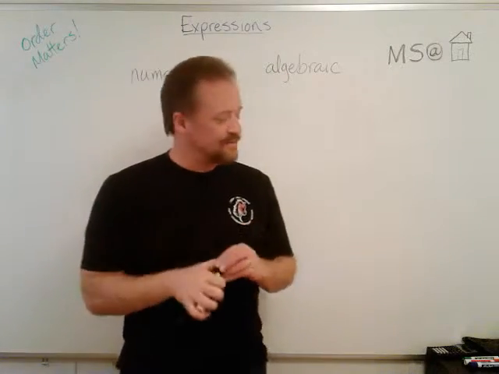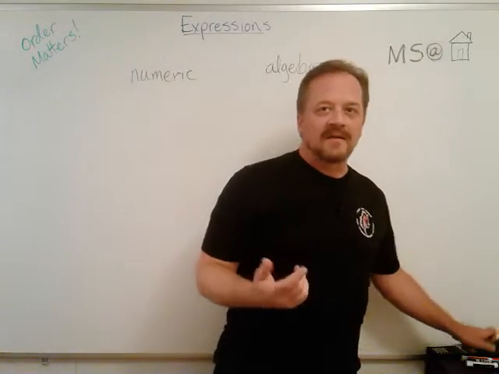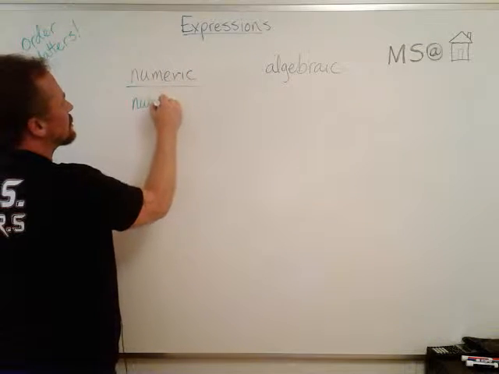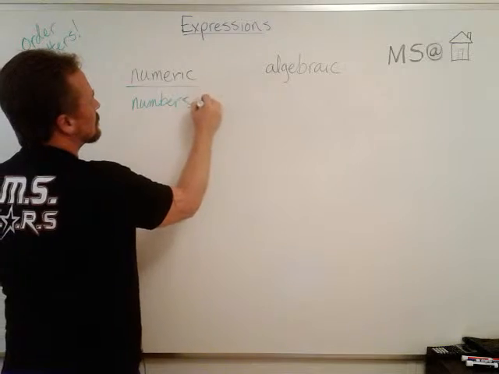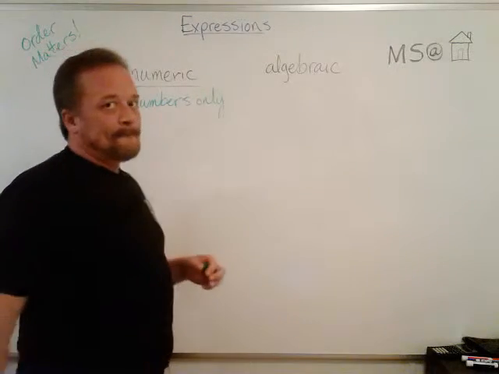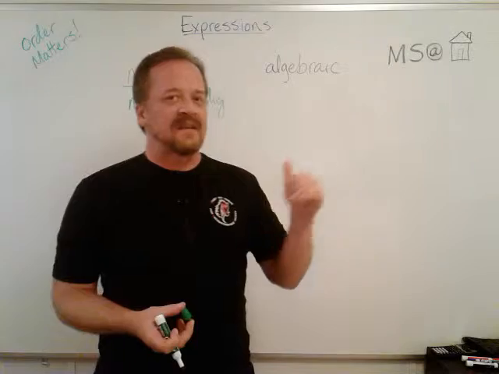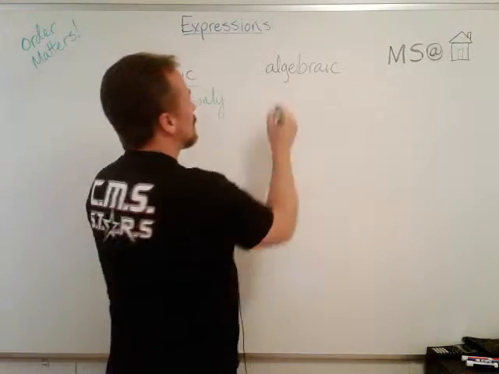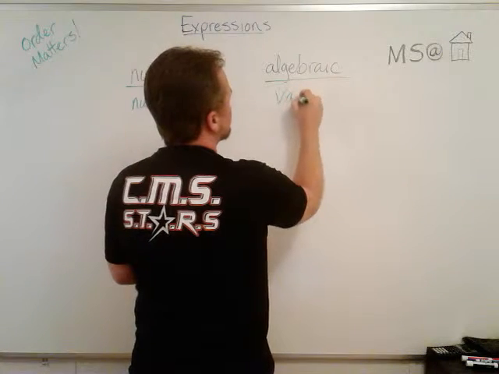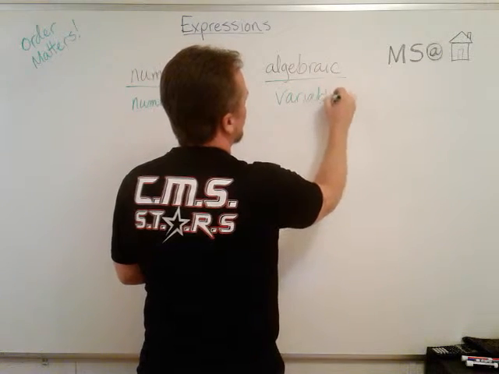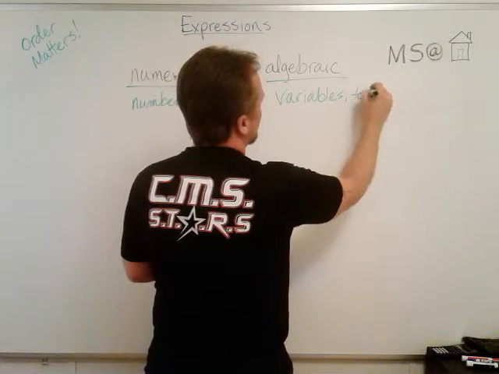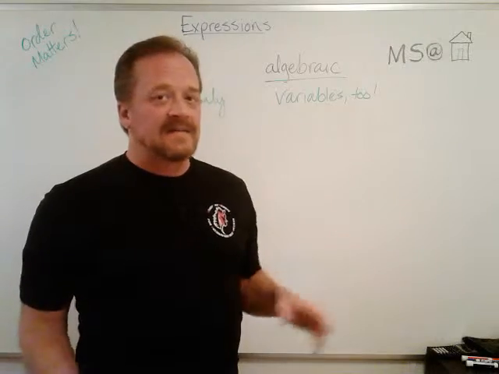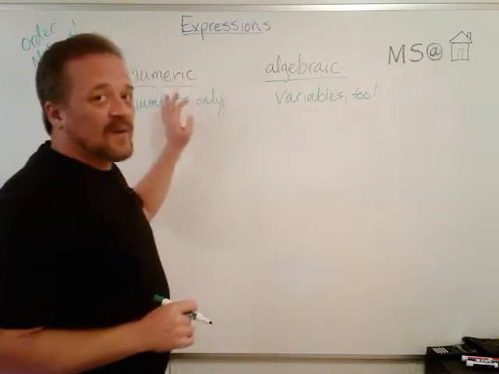Big difference between these two is that a numeric expression is a numbers only club, okay? There are only going to be numbers and operations in a numeric expression. But in an algebraic expression, we're actually going to see some variables.